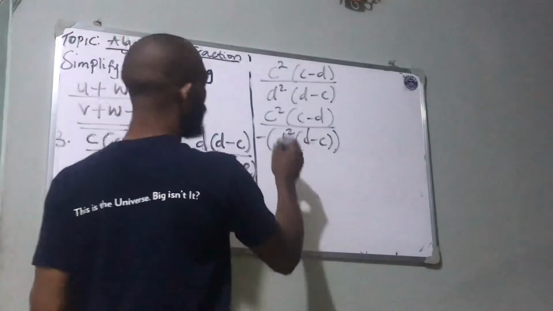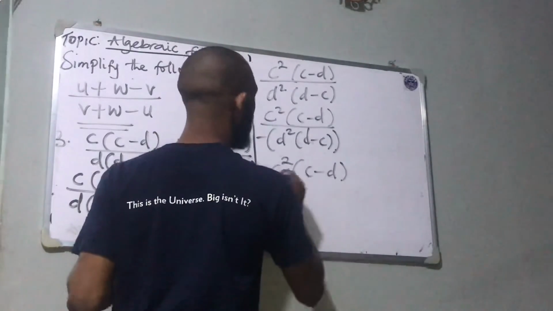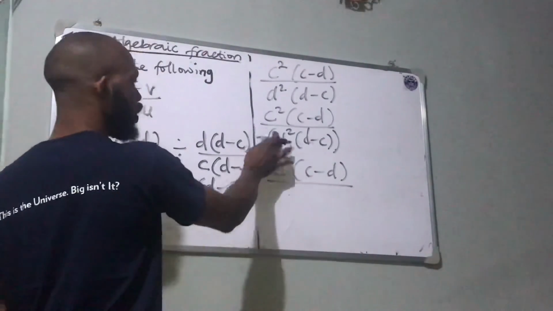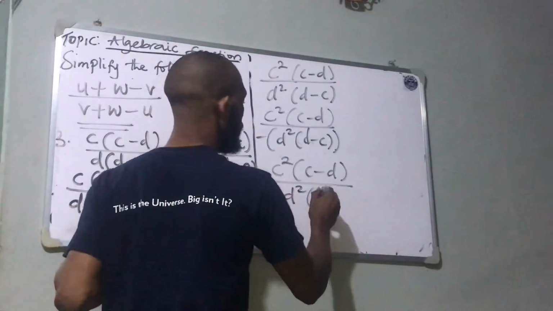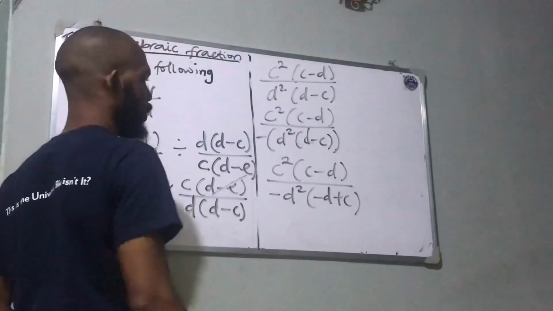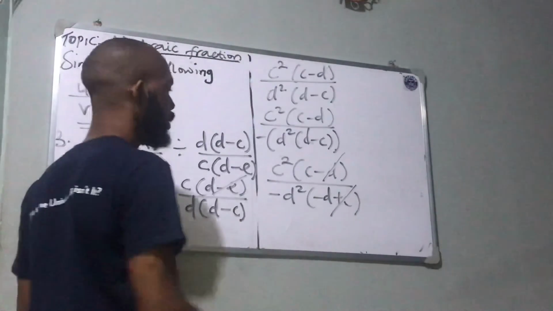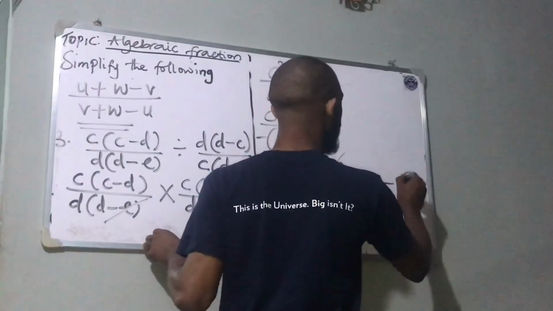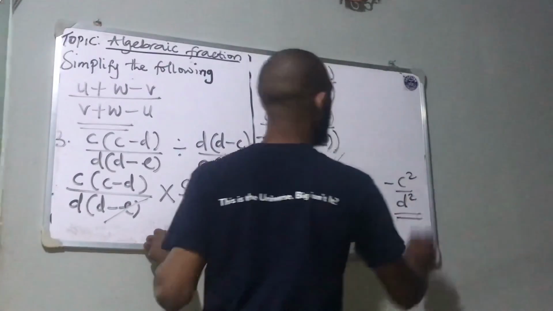So this will give us c squared, c minus d over, if we multiply this, we have minus d squared, minus d plus c. Okay, so at this point, this and this can cancel out. So we're left with minus c squared over d squared.